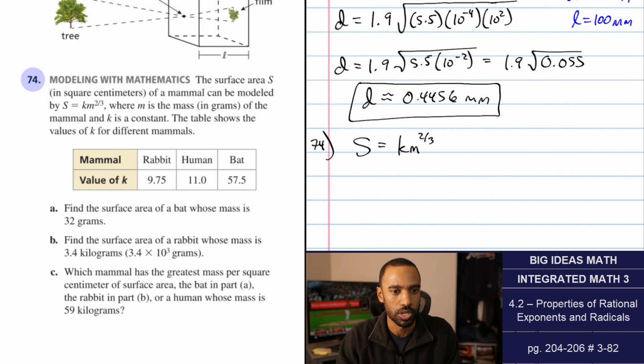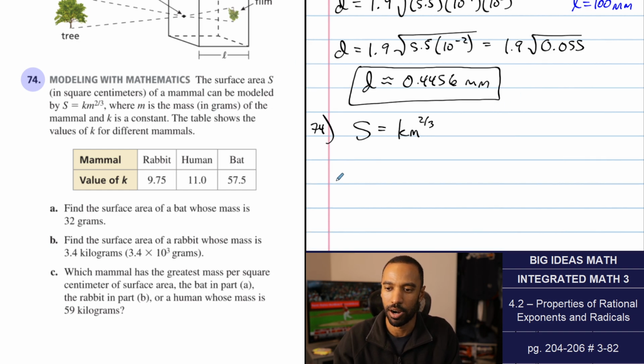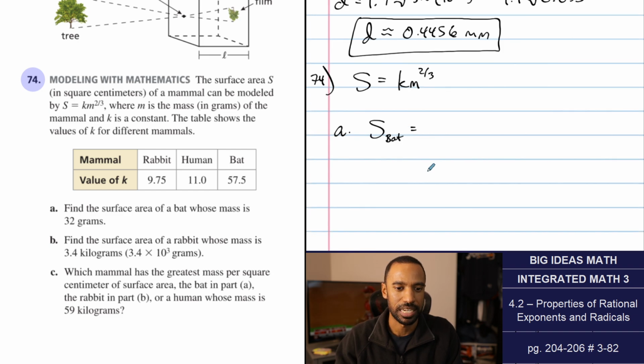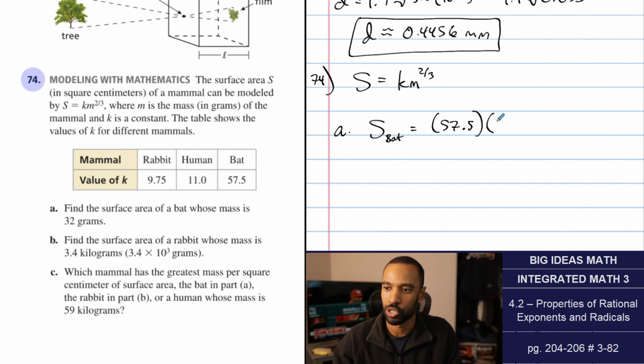So this is all substitution. As long as we're talking mass in grams, there we are. So 32 grams for part A. This is surface area of a bat, and we're going to take its constant of 57.5 and multiply it by 32 to the 2/3 power. This isn't one I'm intending on doing any simplification with. I just have to substitute.